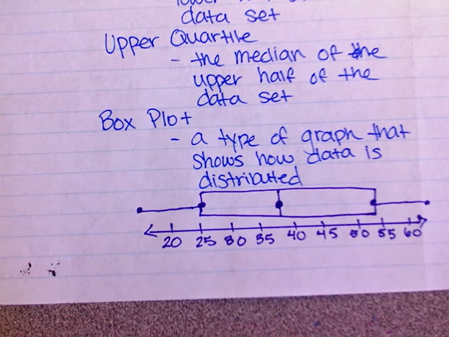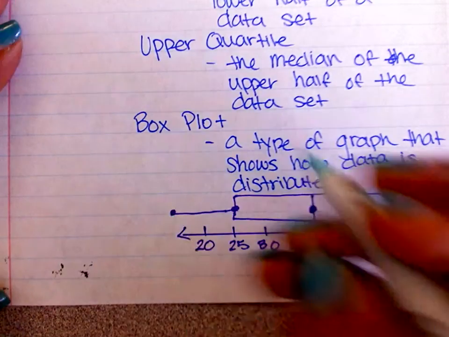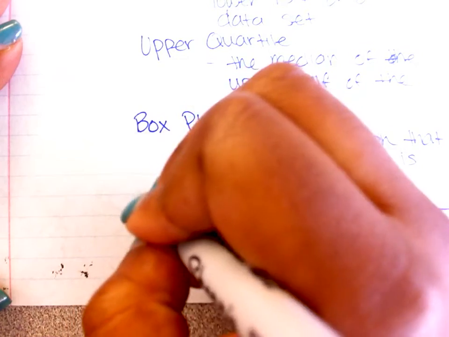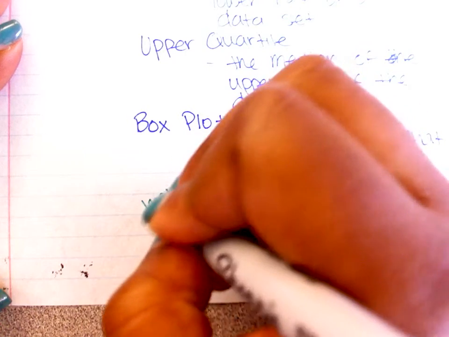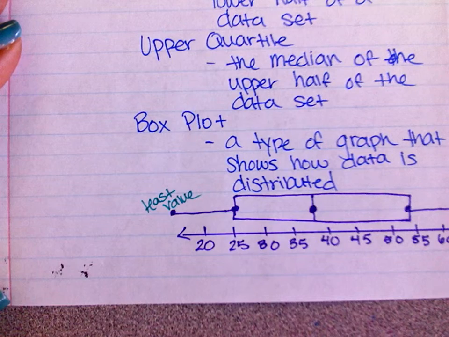So let me label for you what each part is. Right here, where this dot is furthest to the left, is your least value, the smallest value. Okay?